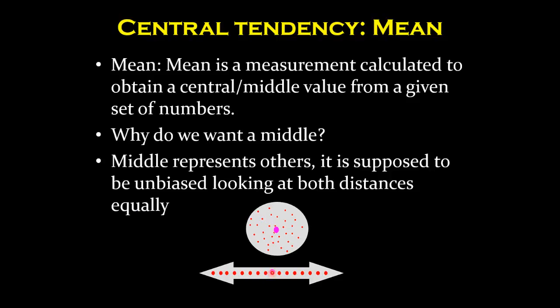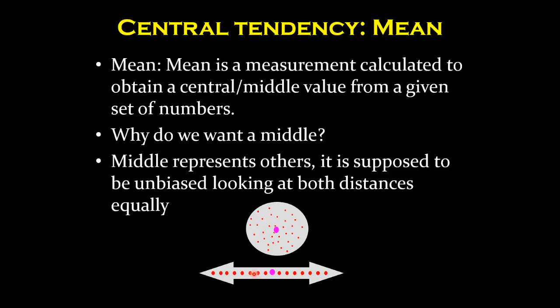So when he looks at this guy and when he looks at this guy, he thinks, oh, they're at the same distance, in a negative and a positive direction. That's what he means by unbiased. I'm in the middle, I'm not leaning towards someone special.